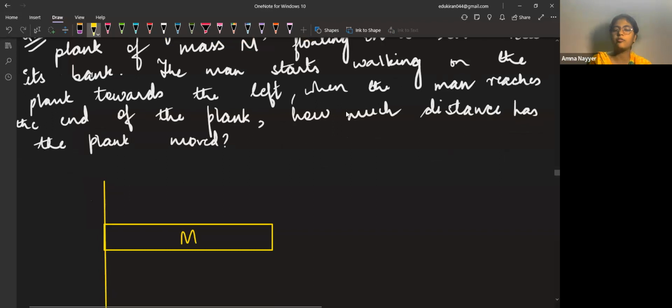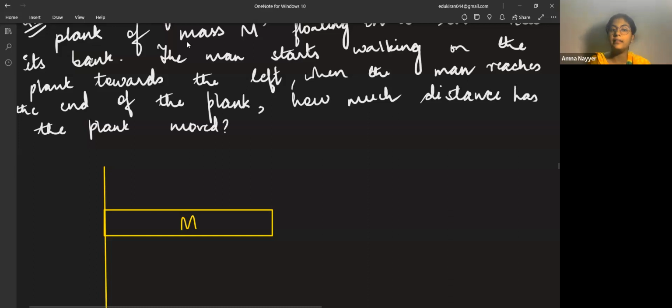Small m, and the mass of the wooden plank is capital M. The man starts walking towards the left, that is, towards the end of the plank. How much distance does the plank move?